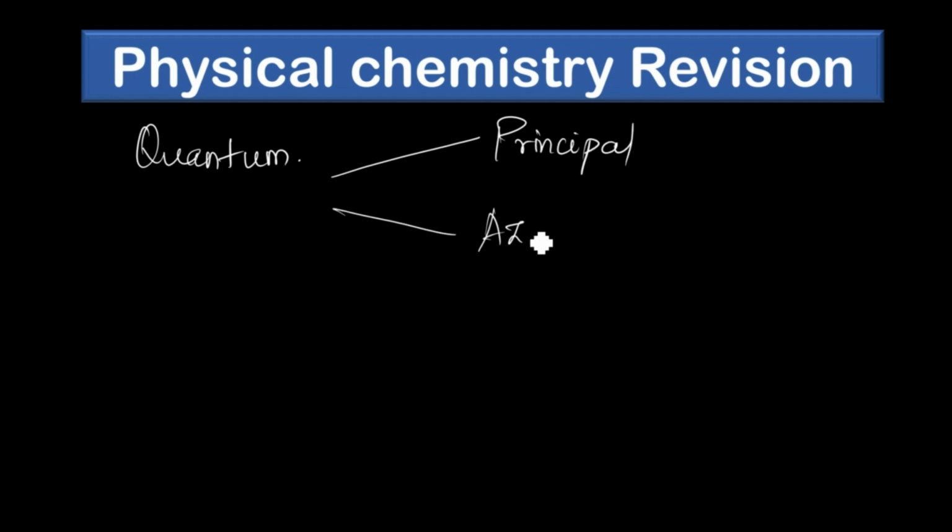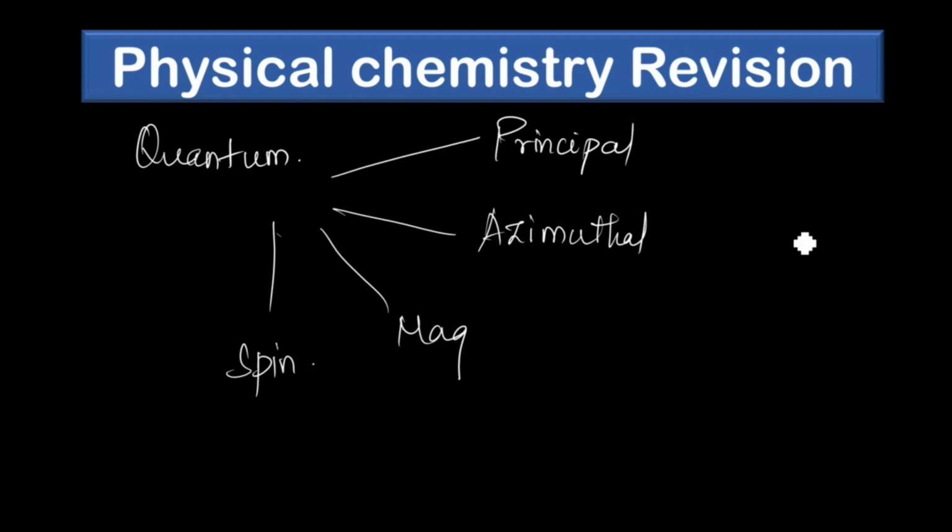Then comes our quantum numbers. Quantum numbers are, in simple words, principal, azimuthal, magnetic, and spin. If I am taking 3p electrons, 3 refers to principal, which is nothing but the shell.